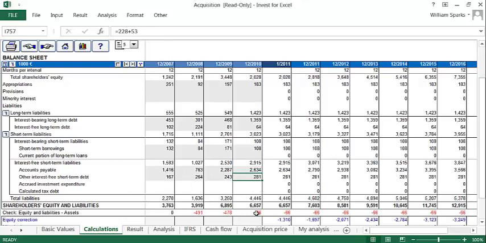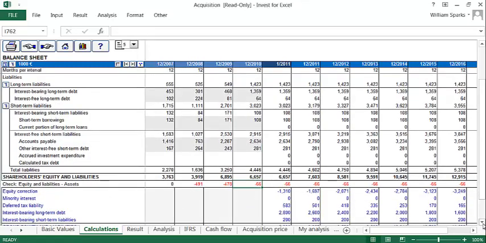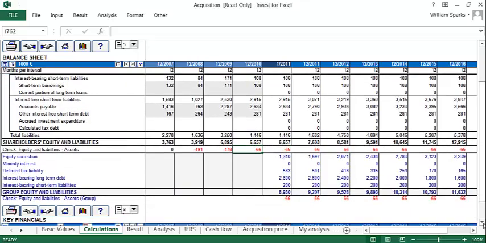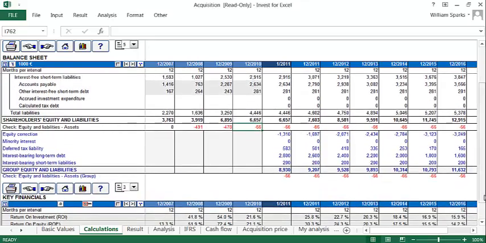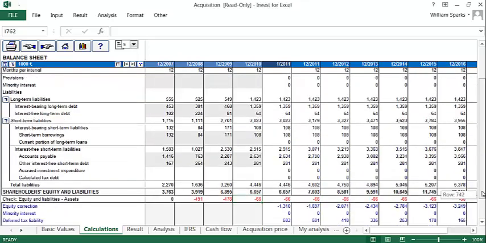And now this difference that shows up in red, because the balance sheet doesn't balance, is because I made a change in the building. So it should be balanced on the other side of the balance sheet also.